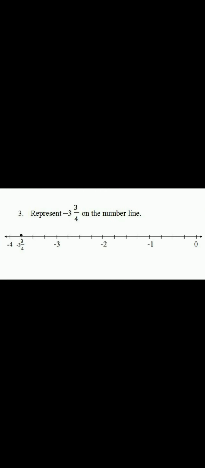And the third question was to represent minus 3 whole 3 upon 4 on the number line. How do we do this? As you are seeing, this is a negative rational number, so we need not draw the positive side of the number line. As the denominator value is 4, we will separate each portion into 4 parts.